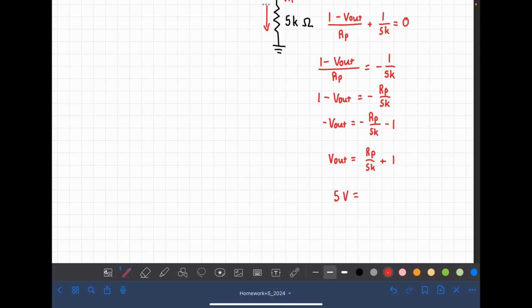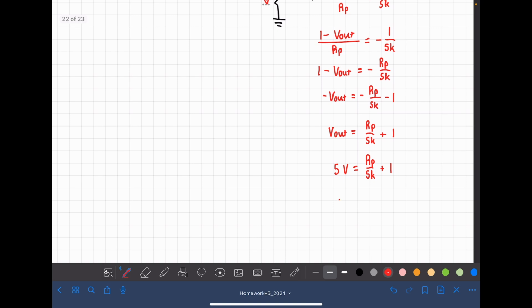And if we set that equal to our equation here, we can solve for the resistance at which V out reaches that maximum of 5 volts. So we subtract 1, multiply by 5k, and that is our upper limit right there. So Rp can go from 0 ohms to 20k ohms while V out is still in the linear region.